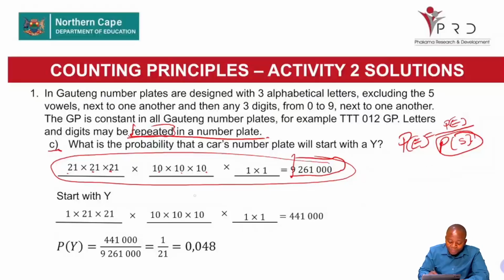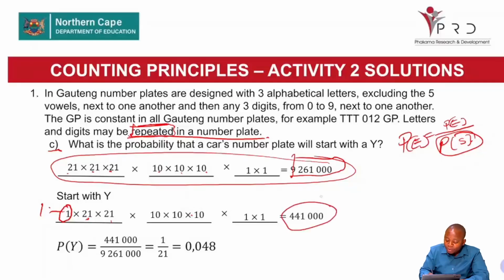Start with Y. What are we saying? We are restricting the first position, so only one option for the first. For the second one, we'll replace the Y again, because we are with repetition. Then we're going to say 21 again. Whatever I pick, I will replace it back. I still have 21 numbers. Nothing was altered.